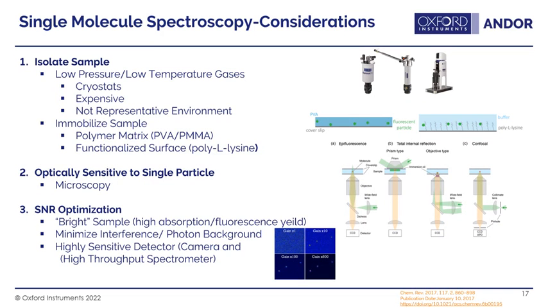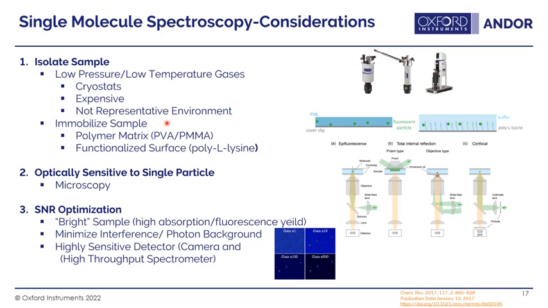There are a few things to consider when doing single molecule spectroscopy. The first one is how to isolate the sample to make sure that you're collecting a spectrum from only a single molecule. And there are several ways to do this. Cryostats can be used to cool low pressure gases down to temperatures where single molecule spectroscopy can be done. But this can be expensive to set up, and a low pressure, low temperature gas may not be a representative environment for something, say, like a biological molecule.